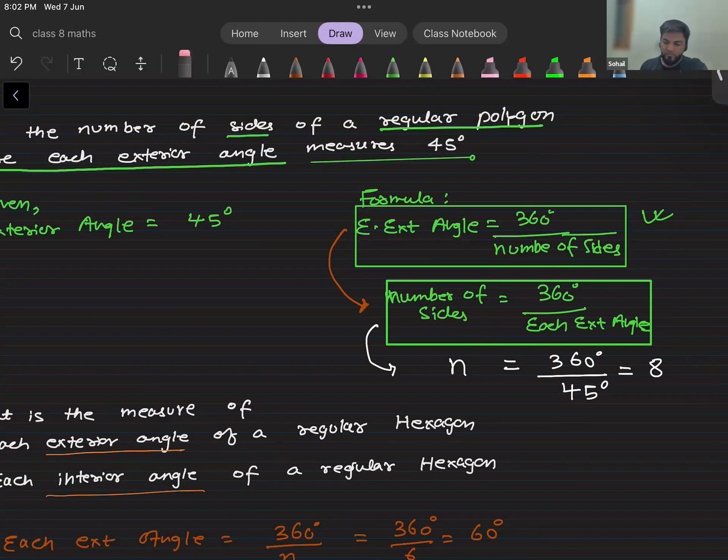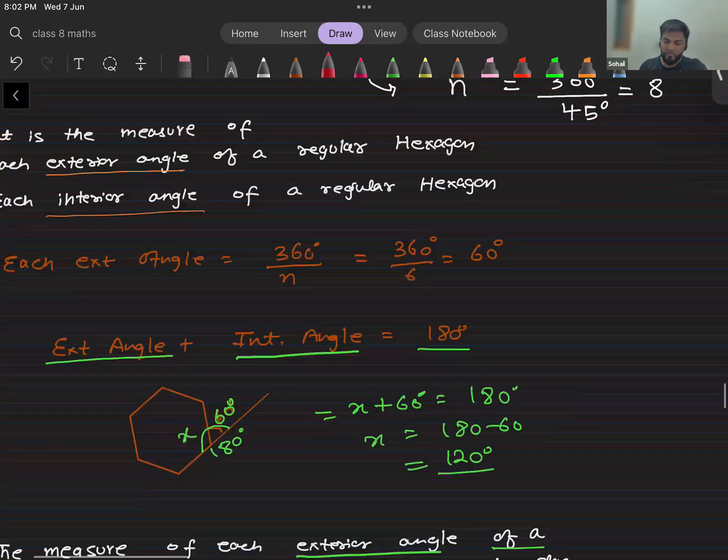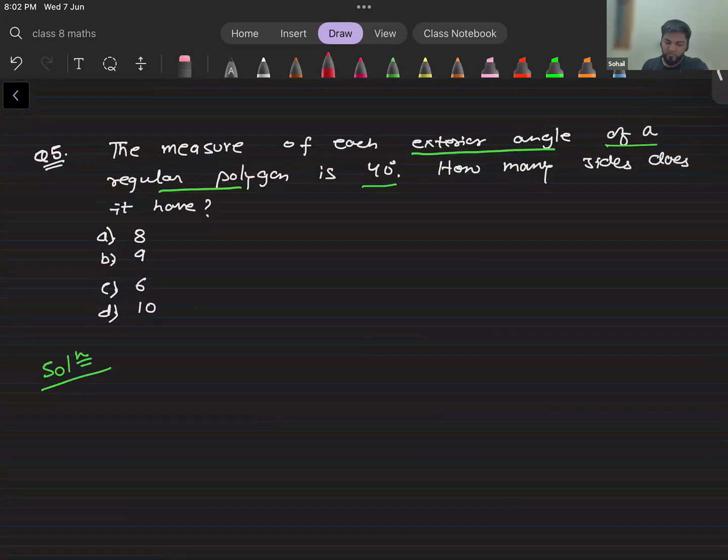So you are going to take help of this formula. The question is pretty simple here. What we did in this question: we are provided with the exterior angle, that is given how much? 40 degree. Ahmed, that is not the correct answer. Okay, sir.